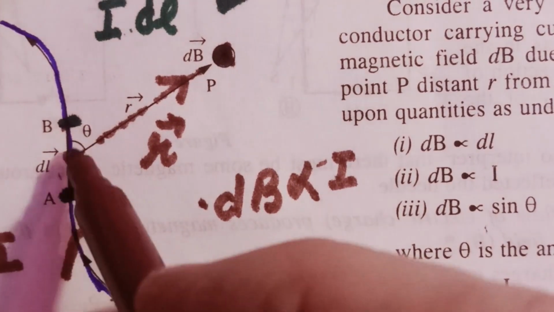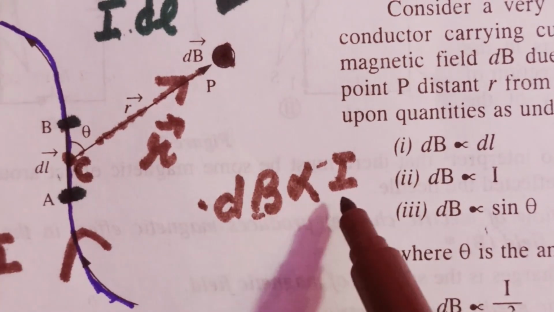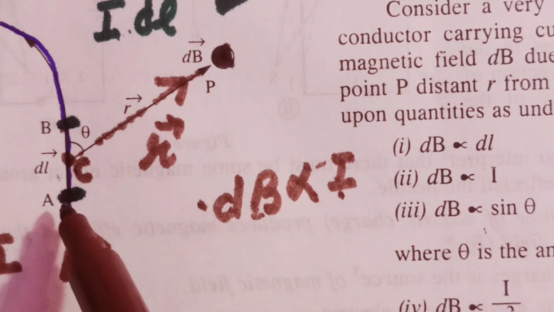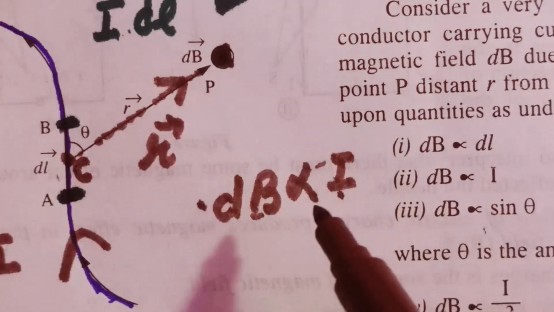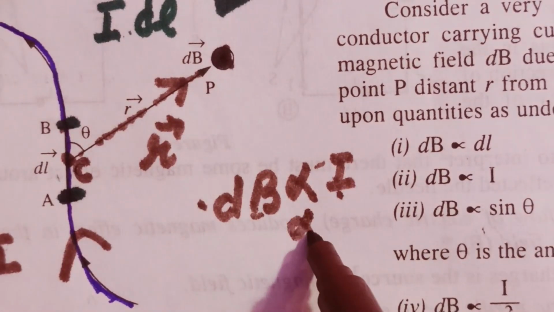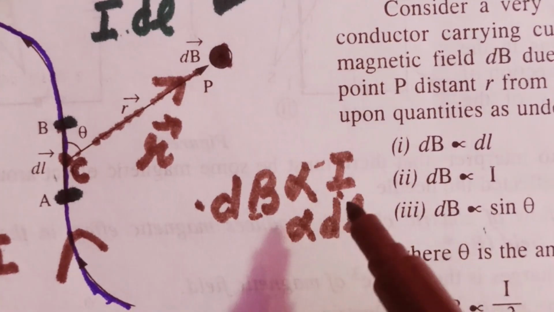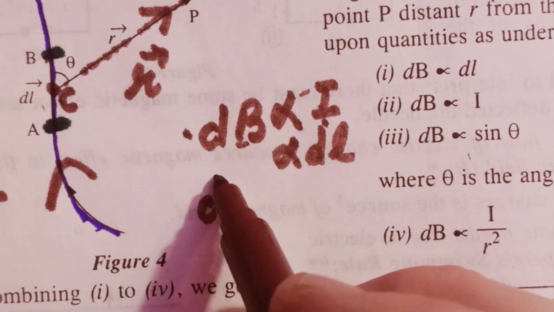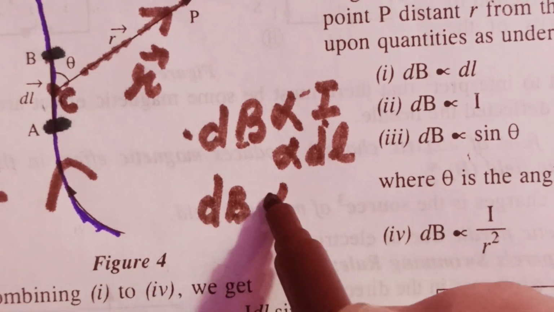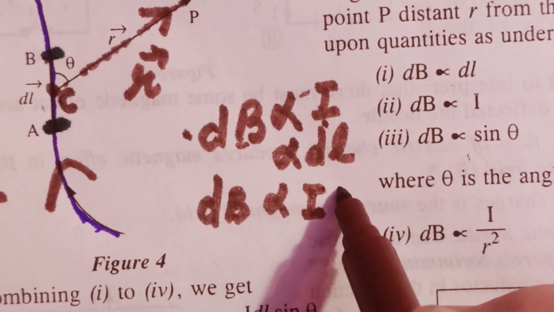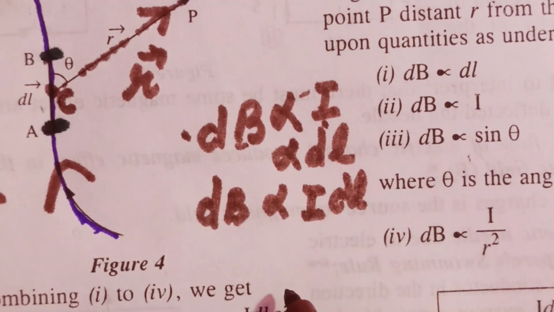If the current is small, the field will be small. If the current is high, then the field will be high. And it is proportional to dl also, the length element. Or you can say the field is proportional to the current element, I dl.